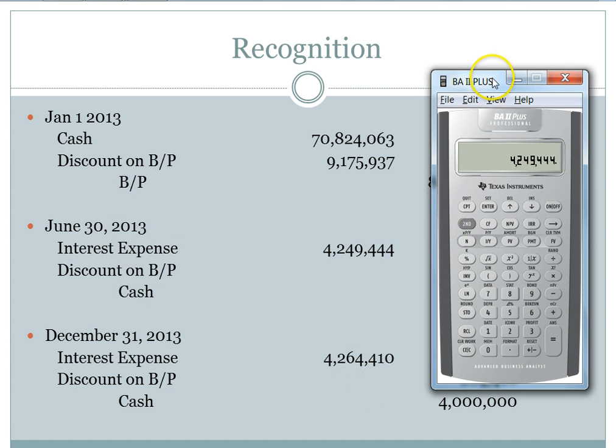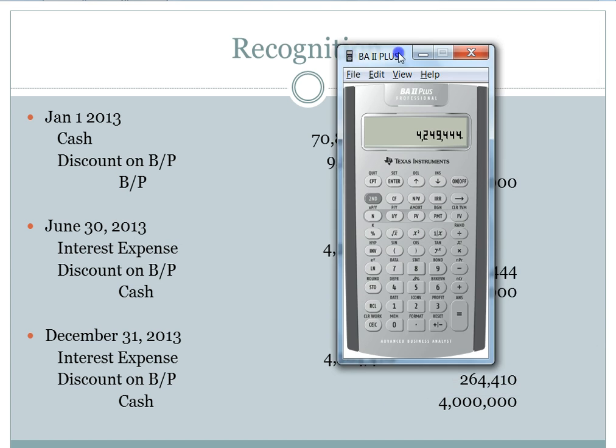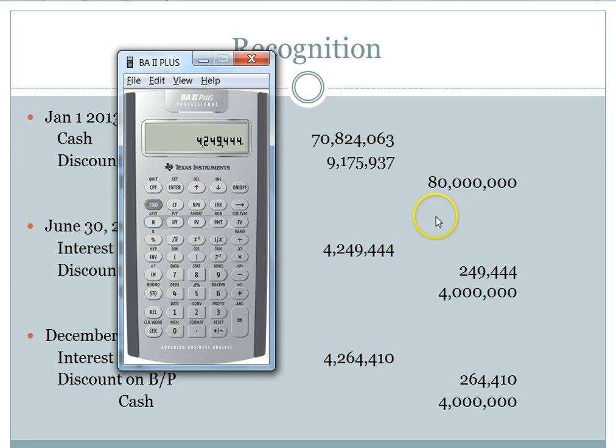And what we need to do is we need to recognize, remember, that we started out with a $70,824,063 balance. We actually increased it as a result of our first interest payment, we increased it by $249,444.